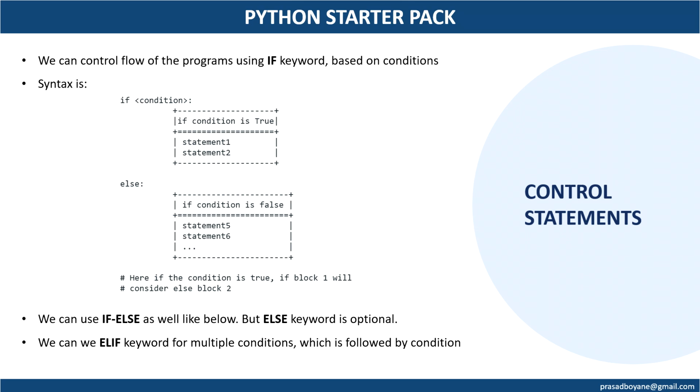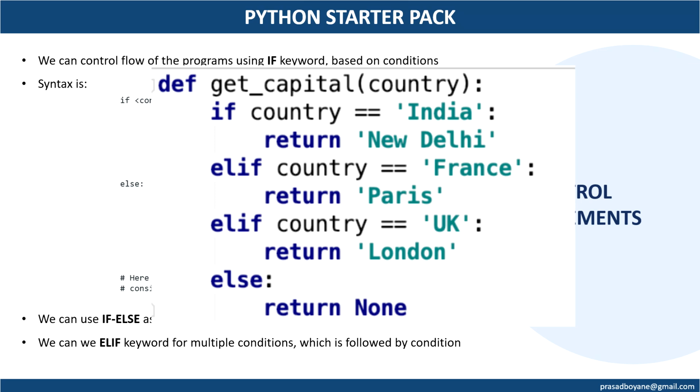We can also use the elif keyword for multiple conditions. So we can give if condition 1 some statements, elif condition 2 some statements, elif condition 3 some statements, and if all three conditions are false, then we can use the else statement. This is known as the if-else ladder.